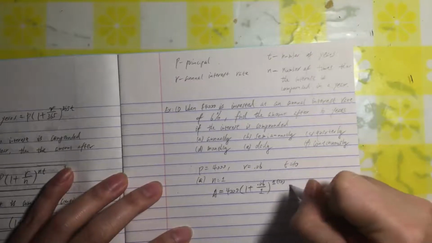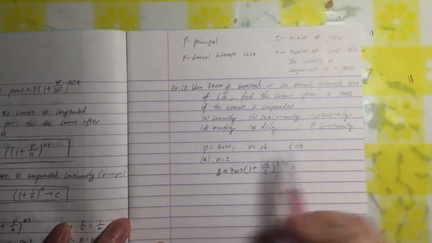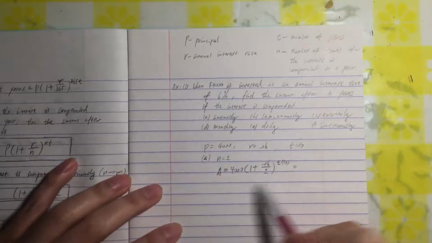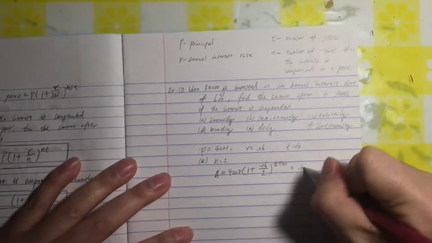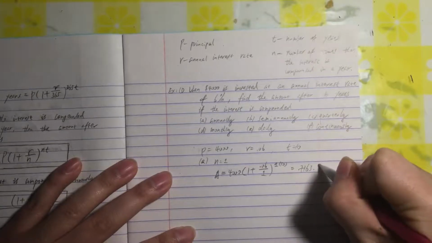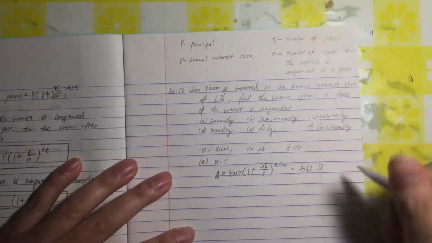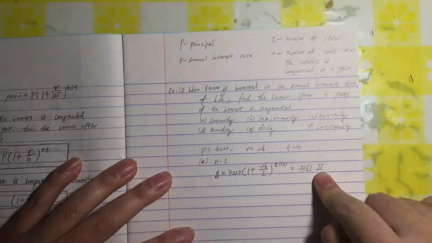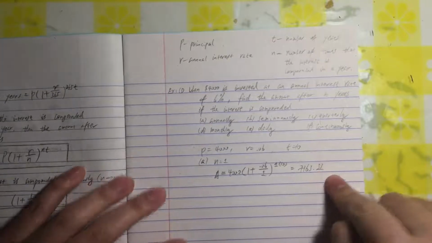That's 1 times 10. Then use a calculator for this number. Type this into the calculator. I get $7,163.33. For money, round to 2 decimal places.